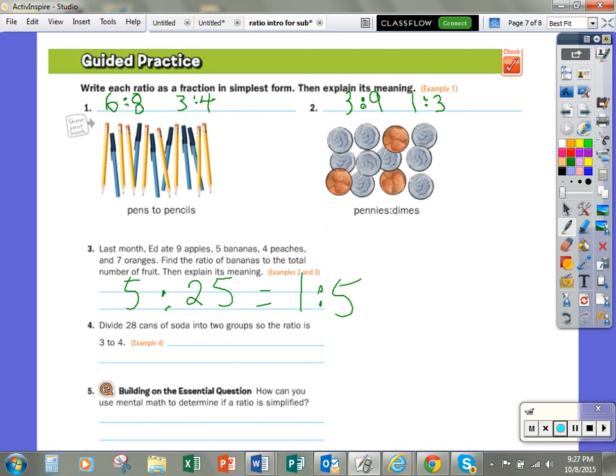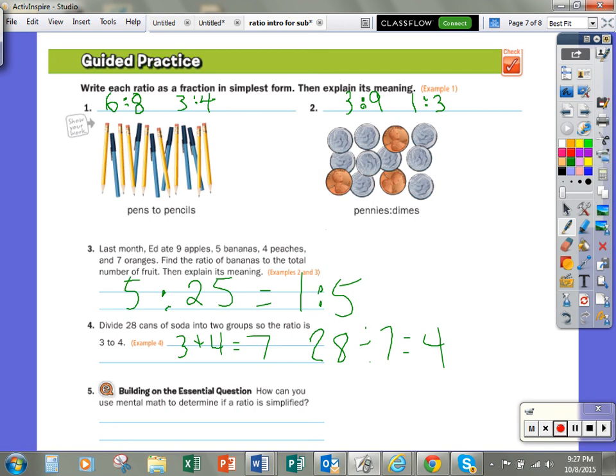Number 4, divide 28 cans of soda into 2 groups so the ratio is 3 to 4. So I'm going to add the 3 and 4 and get 7. So I know that I need to divide 7 into 28. So there's going to be 4 in each of these groups.